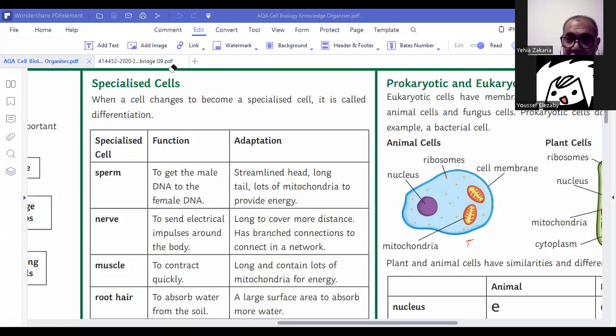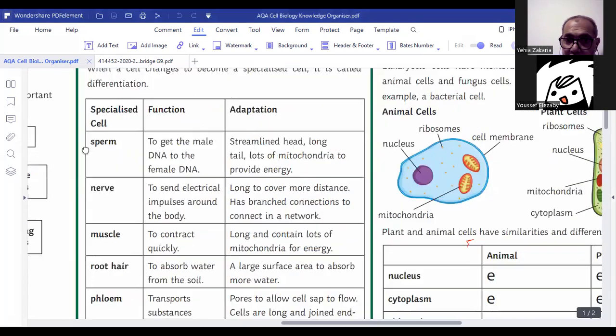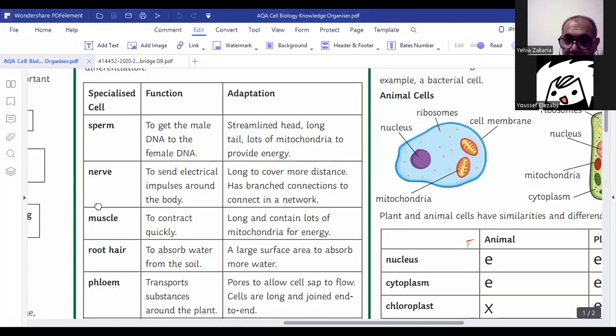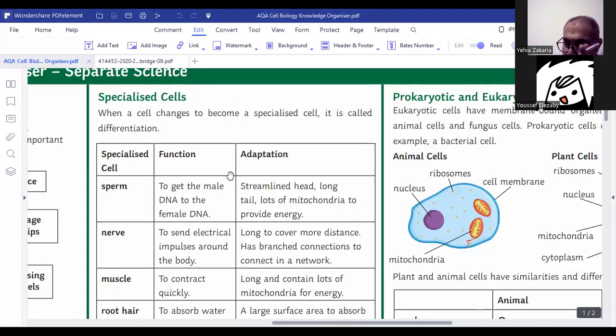Do you understand what I mean by differentiation?